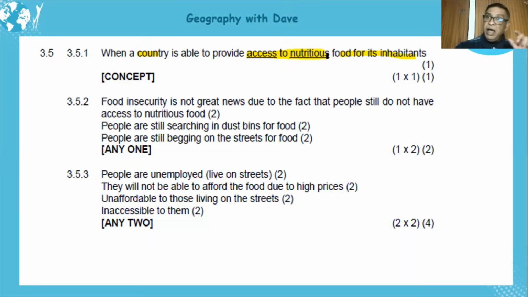Some of you put the full definition, in order to live a healthy and productive life. It's fine, you can put it down like that, but remember the main words are access to nutritious food for all the inhabitants. That's the important word. So don't fight with your teachers if the definition is a bit different and doesn't have the word country in there. It's about nutritious food.